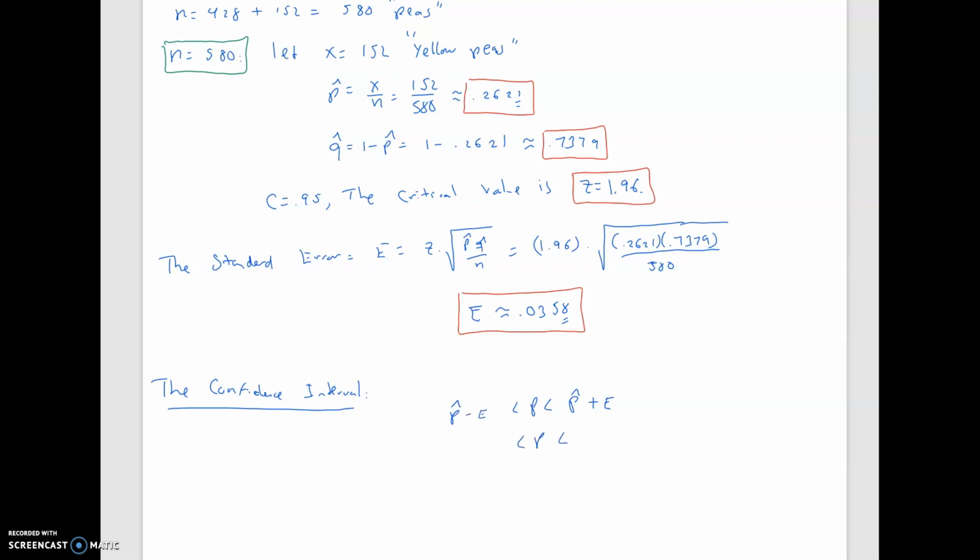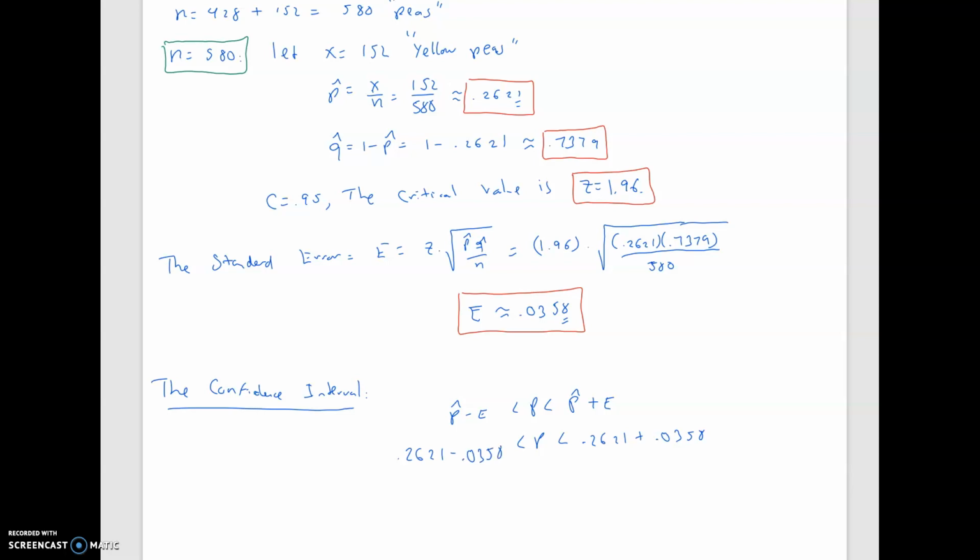So the population proportion is going to be 0.2621 plus the 0.0358, and then 0.2621 minus the 0.0358.